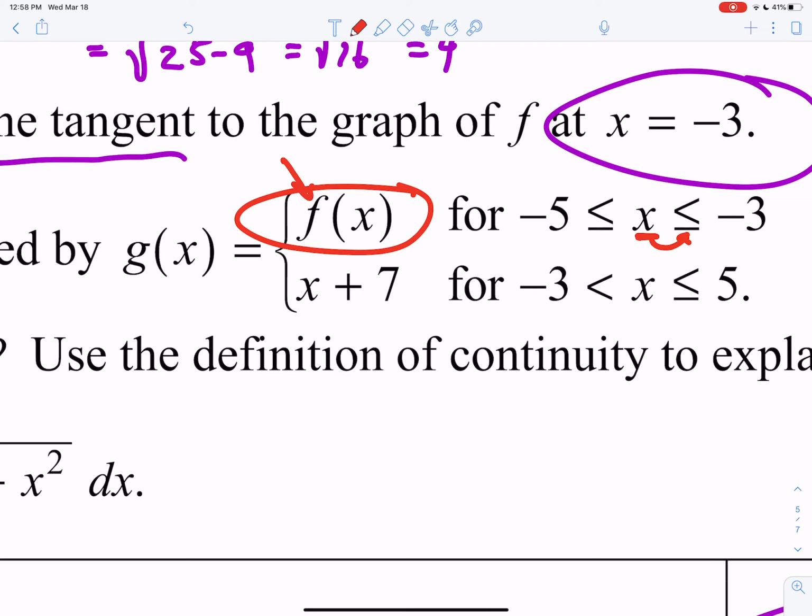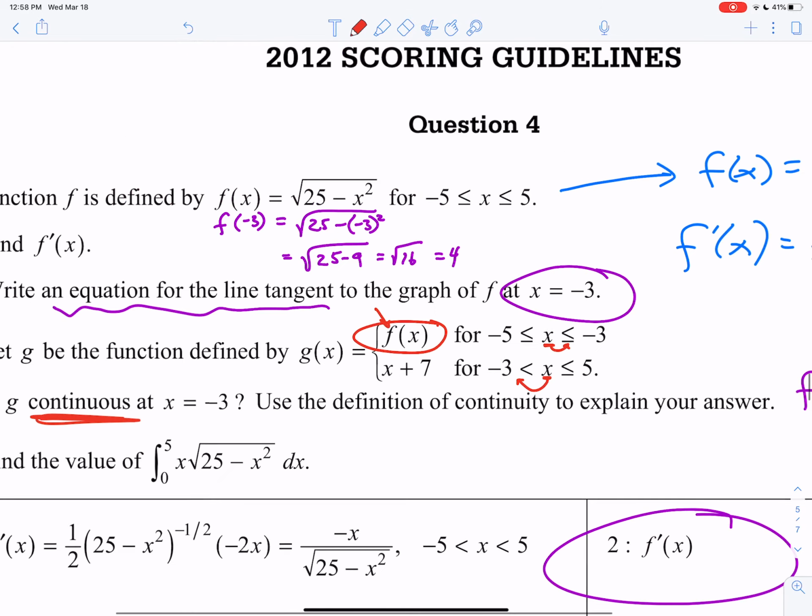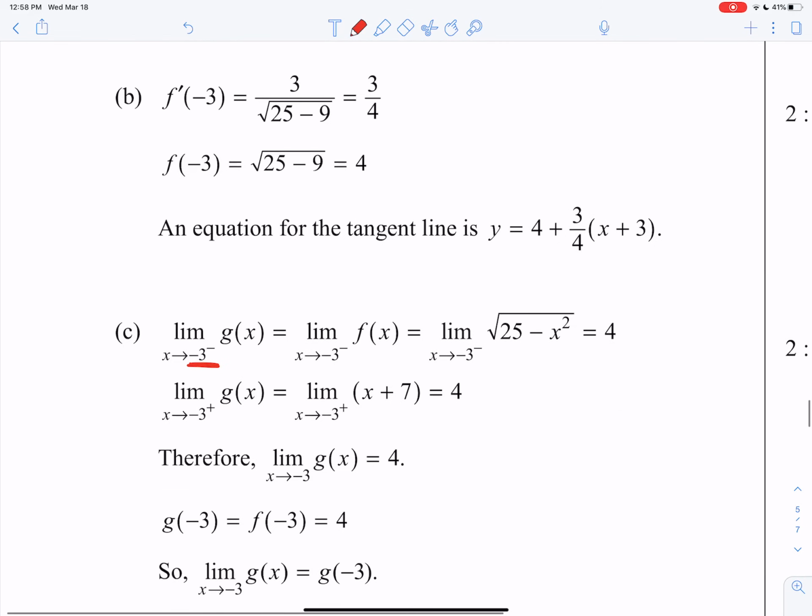If you want to approach -3 from the right, you have to be a little bit larger, so in this case you would use that second function x plus 7. So this is just to explain how the scoring guidelines are set up. To find the actual limit, okay, remember the first thing you do is you try to plug in the number. If I plug in -3 into x, I actually do get a value. It comes out to 4.